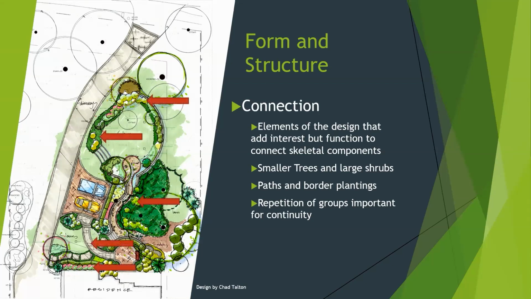So here are some arrows here showing what those may look like. So down here at the bottom, you see these red and green plants. Those are just a nice border planting right next to the house, accenting the house, but also they can lead your eye from the front door here to that tree that was acting as an accent tree.